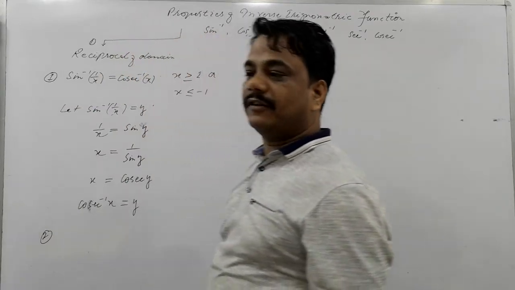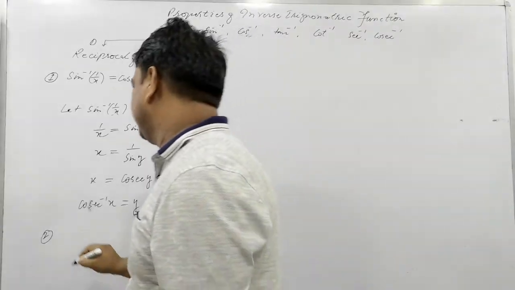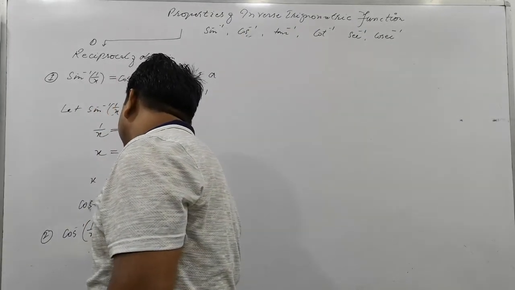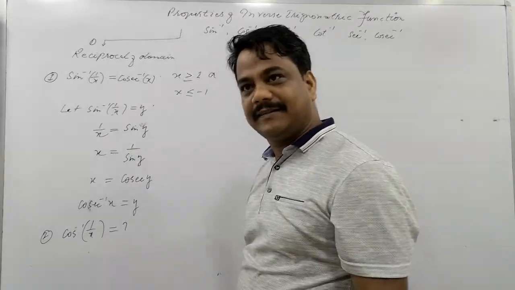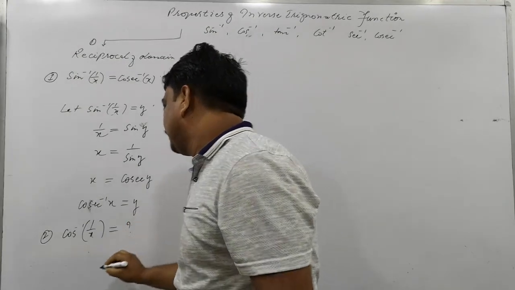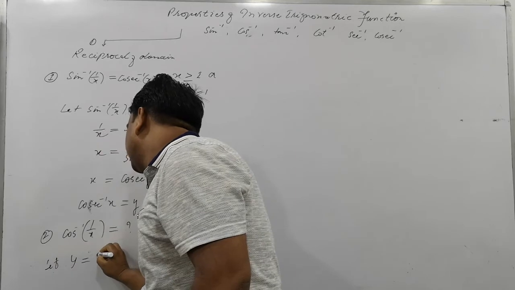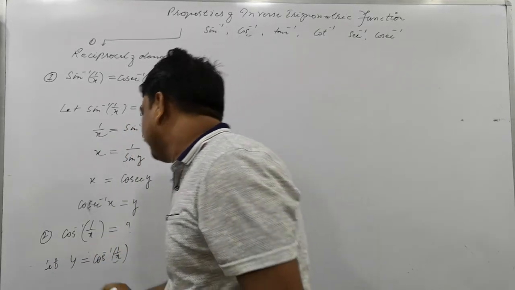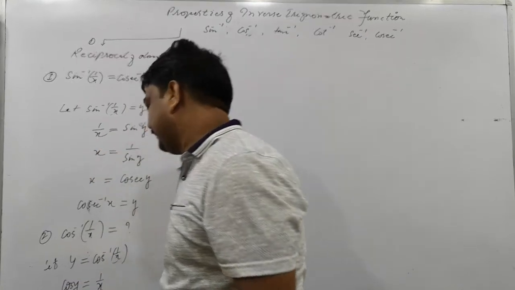Will the property work for cos also? You may check whether it works for cos or not. Similarly, cos inverse 1 by x. Please check whether sec inverse x will come here. Let y be cos inverse of 1 by x. Then cos of y is 1 by x.